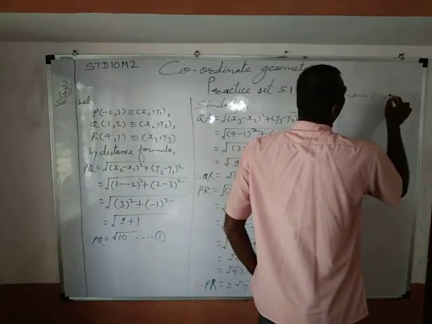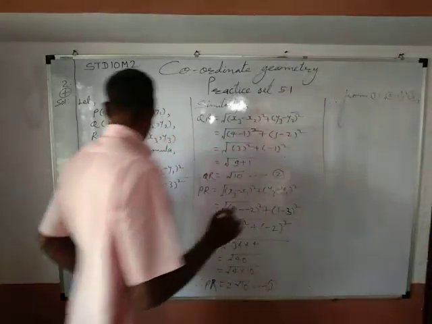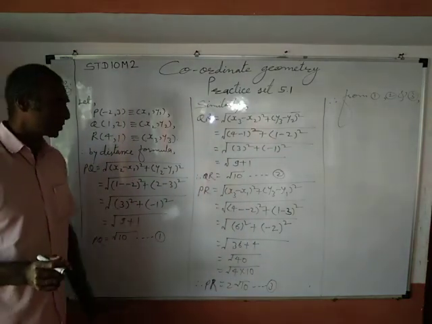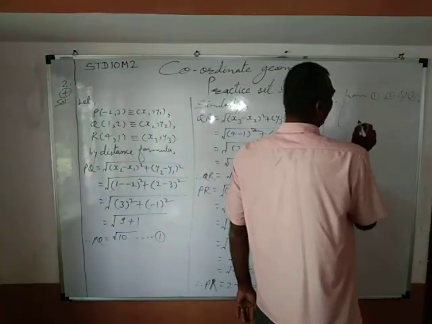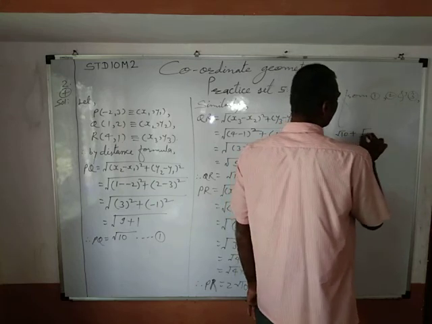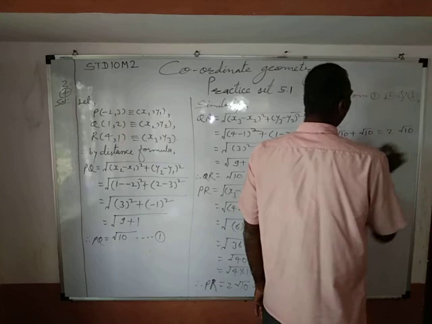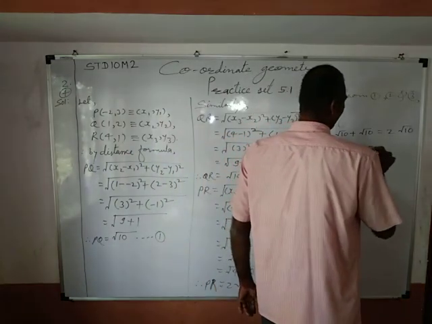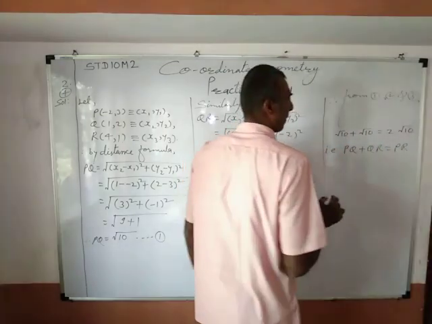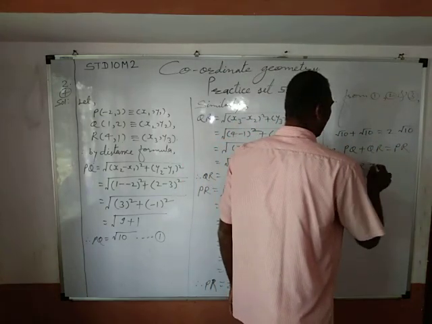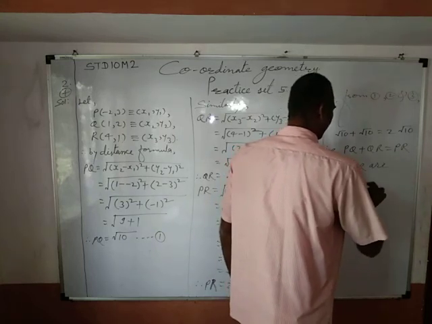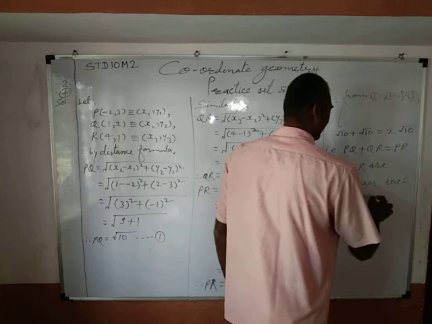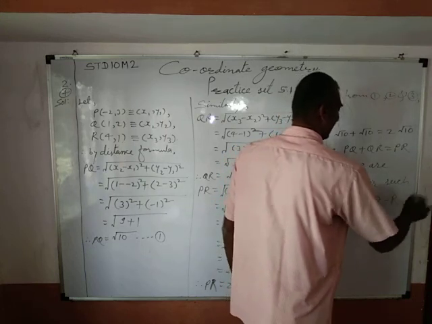From 1, 2 and 3, the distances are root 10 and 2 root 10, and we know that root 10 plus root 10 gives us 2 root 10, that is PQ plus QR equals PR, and therefore P, Q, R are collinear.